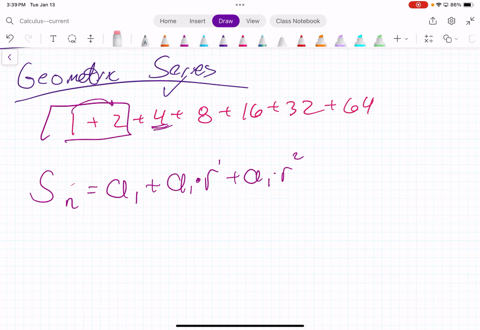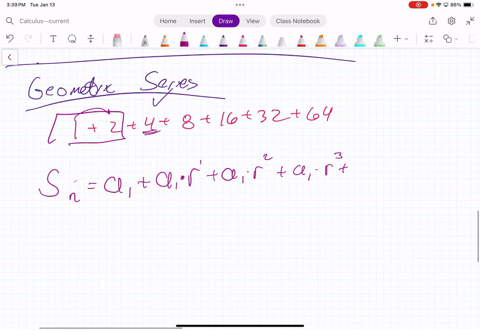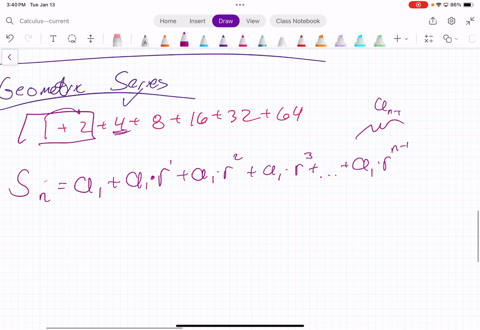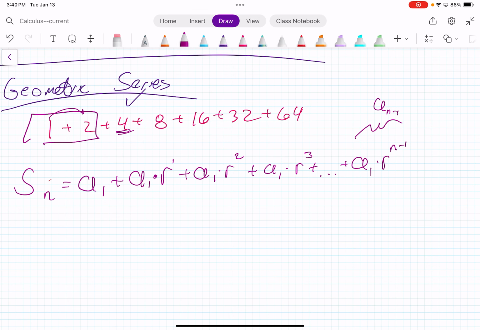Okay, so this pattern continues. And at some moment, I would write down r to the n minus 1. Notice that that would be a sub n minus 1. It's the next to the last term. I'm sorry, that is the last term.